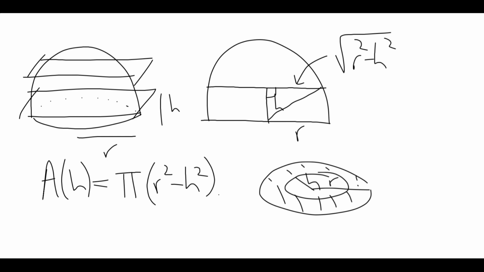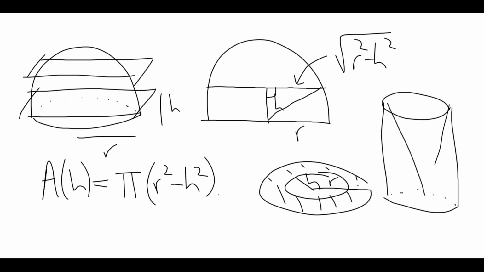So what this suggests is that we should build a shape where the cross-sections look like these rings, and what that gives you is, on the outside you have a cylinder of radius r, and on the inside you have a cone, so that the radius of the cross-section depends on the height.